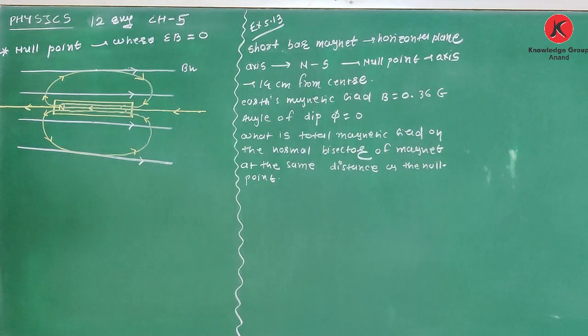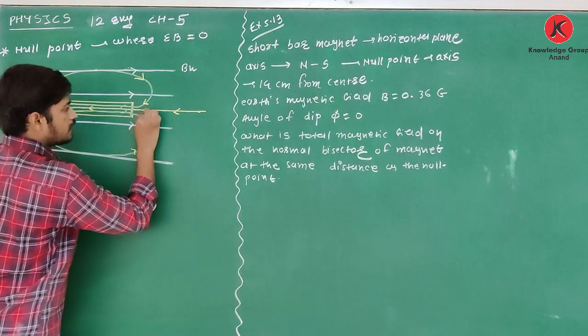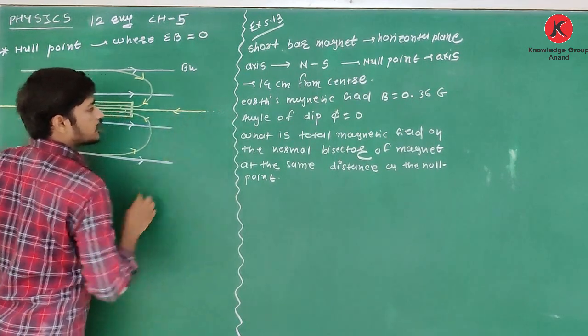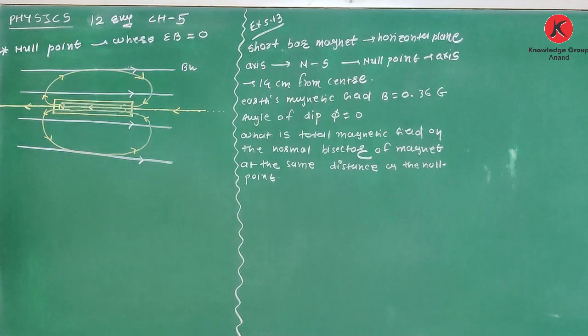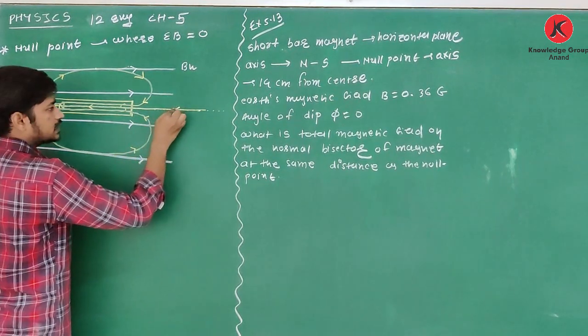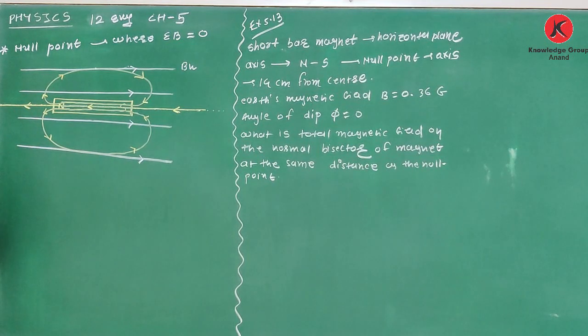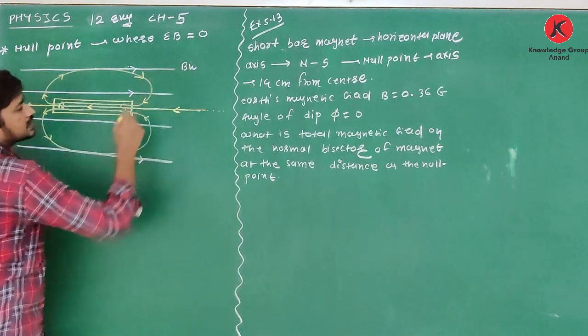If you observe each and every point on this axis, the magnetic field on the axis is in this direction, and the magnetic field of Earth is in this direction.